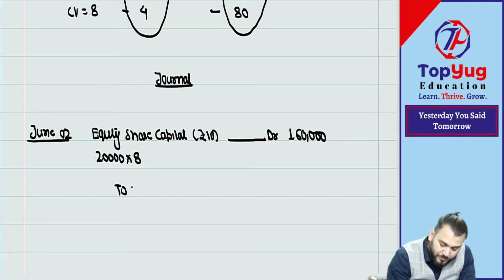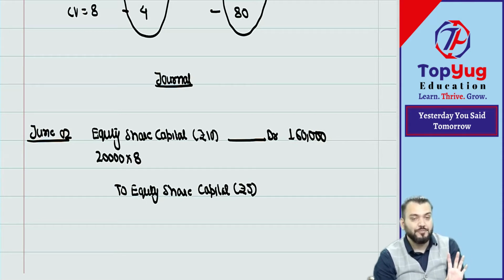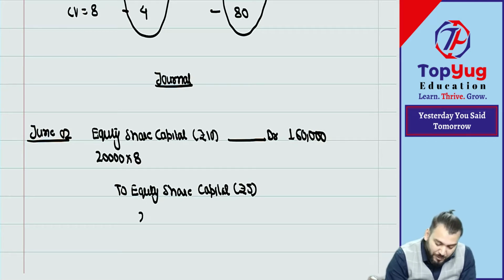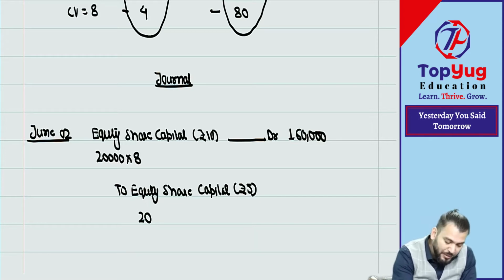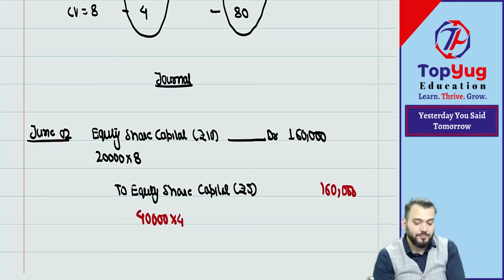Now it will become equity share capital of rupees 5. Whenever you are writing in brackets, always write down the face value. Now it will become 40,000 into 4, and you can see the paid up capital remains the same. So 40,000 into 4 will become 1 lakh 60,000.